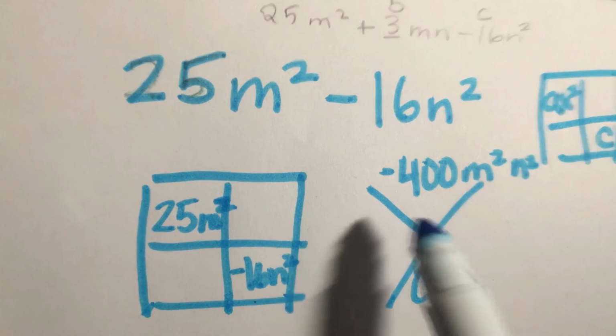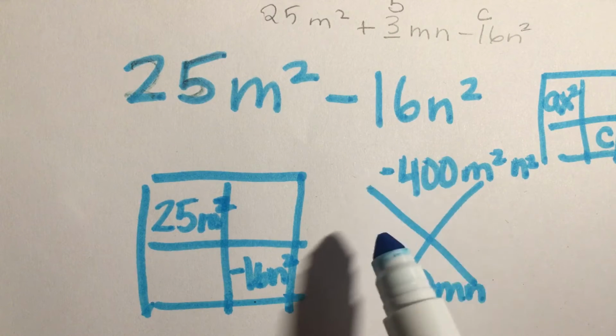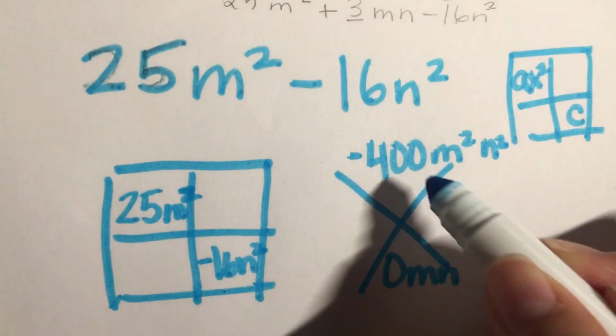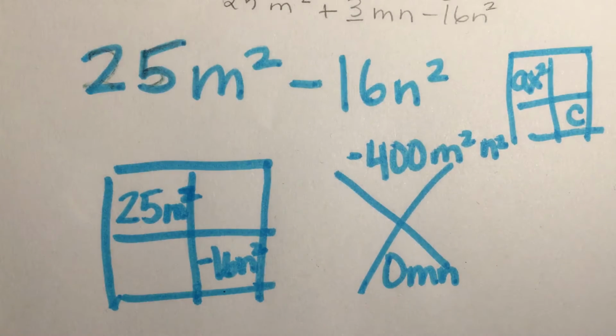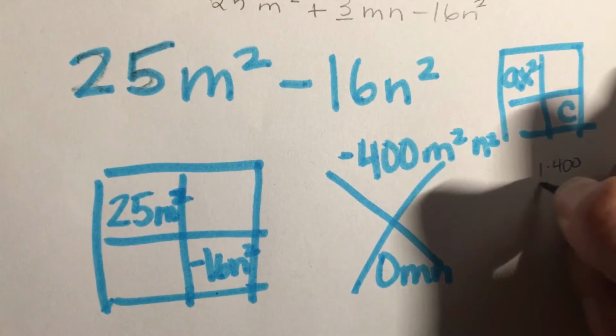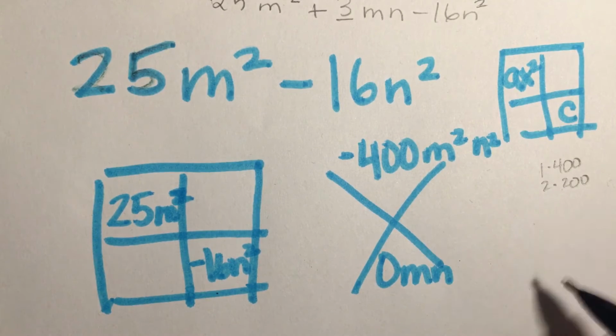Okay, so now that's what I have there. Once I have that, I'm going to figure out what two numbers are going to multiply to negative 400 but are going to give me a 0mn? So what we did again, we started listing all those factors of 400. We can start with 1 and 400, 2 and 200. The only thing is that this process might be a little longer.